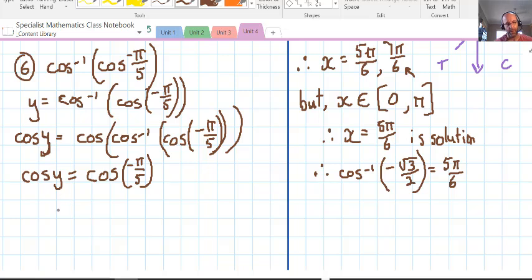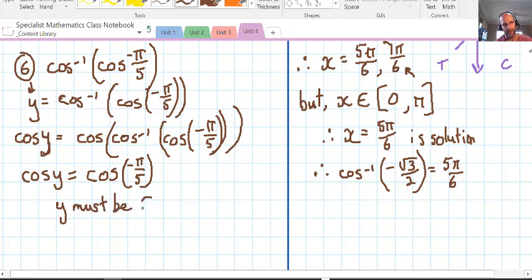Taking cosines of both sides, we get cos of y is cos of negative pi on 5. So let's have a look here. What are we dealing with? Y is basically to do with the range of an inverse cosine function, and so that's the same as the domain restriction of a cosine function. So we must check that y must be an element of 0 to pi.